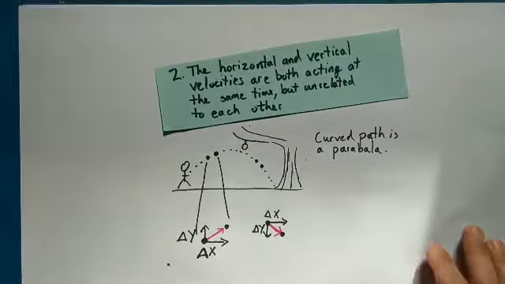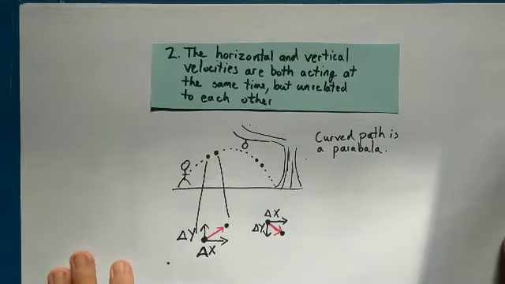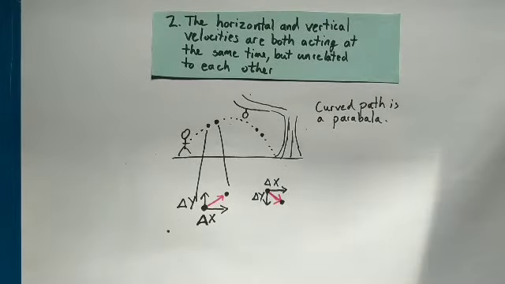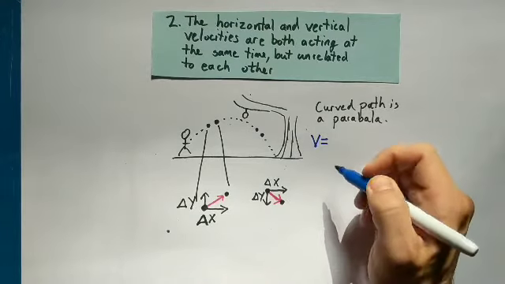The next objective for us today is the horizontal and vertical velocities are both acting at the same time, but unrelated to each other. So we have to remember a little bit about velocity. I'm going to define velocity the same way that we have always defined velocity.